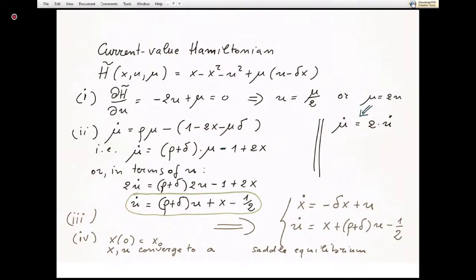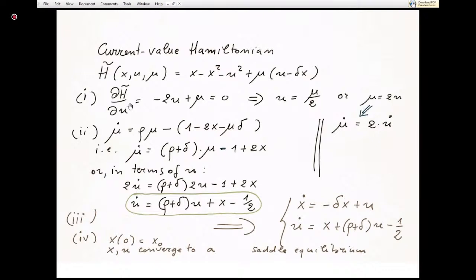This is not difficult to understand. We want the Hamiltonian at each point in time to be maximized with respect to our control variable. So, if the necessary concavity conditions are satisfied, this just results in computing the derivative of the Hamiltonian with respect to u and setting it equal to 0.